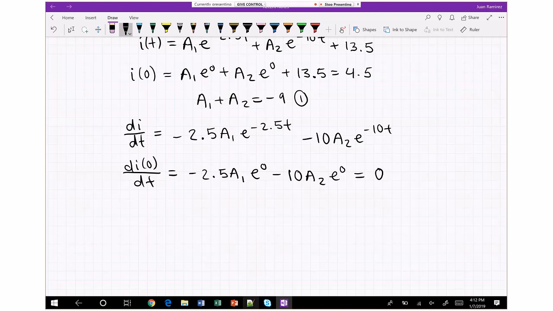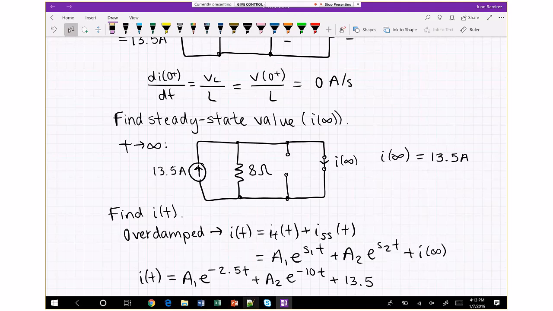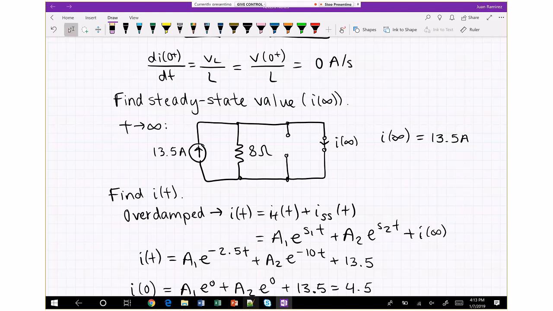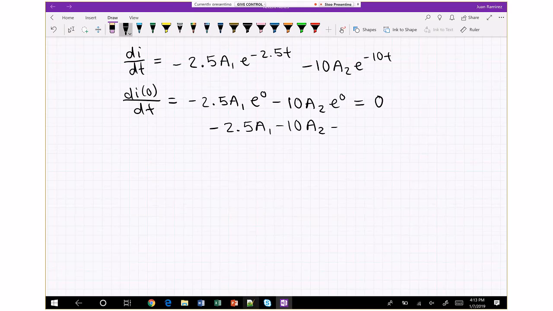Sorry, there's a delay. Okay, there it is, sort of at the top. The dI/dt after transition equal to 0. Now let's solve for A1 and A2. And that gives us the second equation.